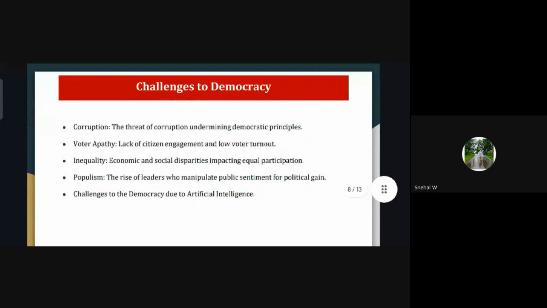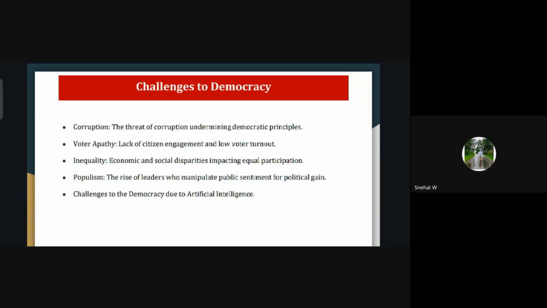democracy, which was discussed yesterday itself, and we came to this slide known as challenges to democracy. Yesterday, we just began with this slide, wherein we are supposed to discuss the challenges faced by democracy, whether it is Indian democracy or any democratic setup for that matter.